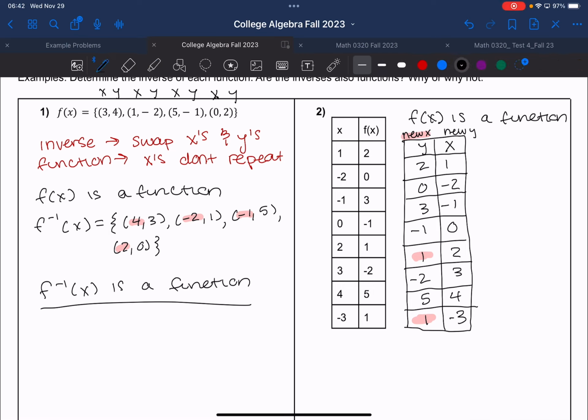So we say that the inverse is not a function because of the repeating ones. So that's what it would look like if you're given points and a table.